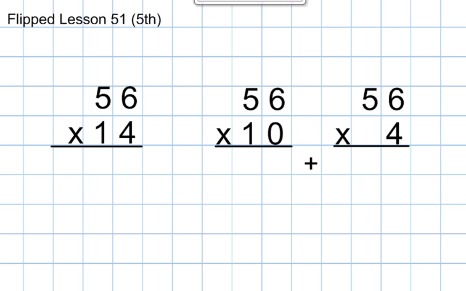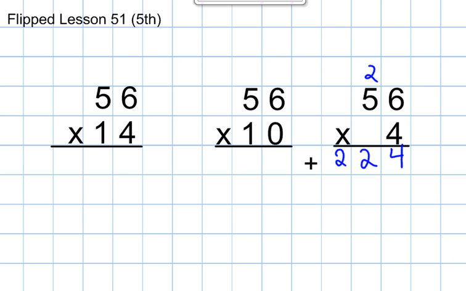And so let's go ahead and solve this problem. It says 56 times 4. Okay, 4 times 6 is 24. 4 goes down. 2 goes up. 4 times 5 is 20 plus the 2. On the other side, we're looking at 56 times 10.